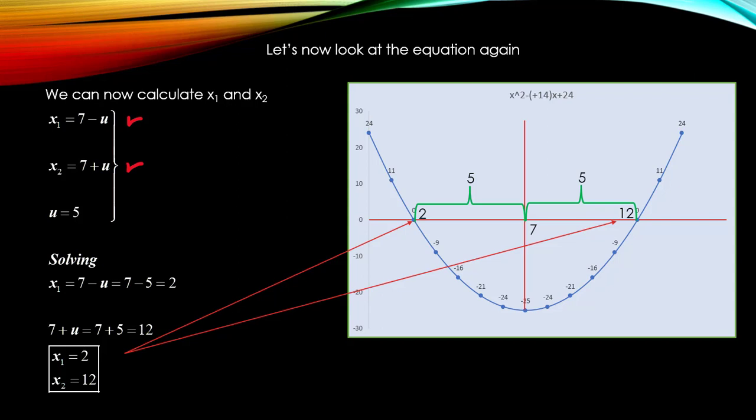We know the value of u, and all we have to do is place that value of u into those equations and solve, and we get x1 equals 2 and x2 equals 12, just as we expected.